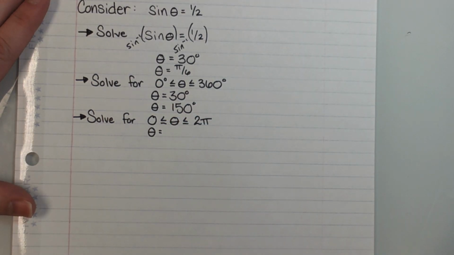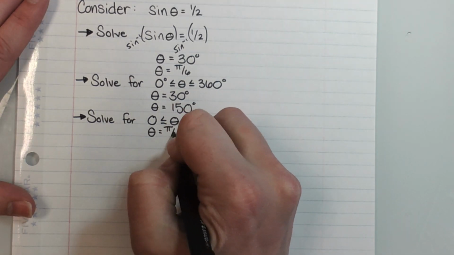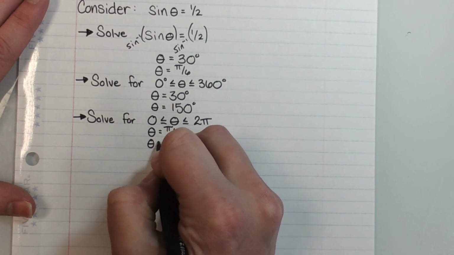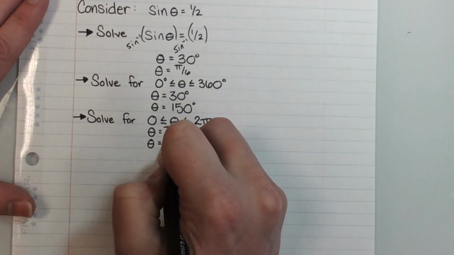Yep, look in the unit circle. Where is sine 1/2? Pi over 6. Good, that's one of them. Where else? 5 pi over 6.